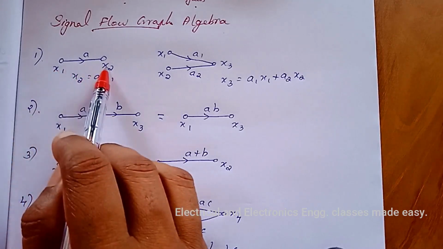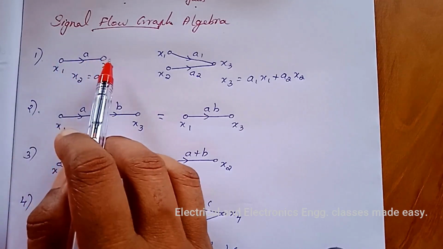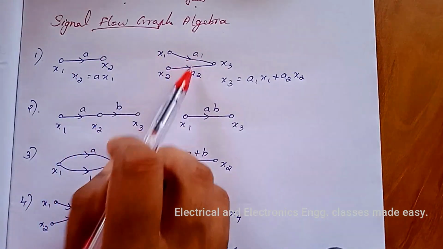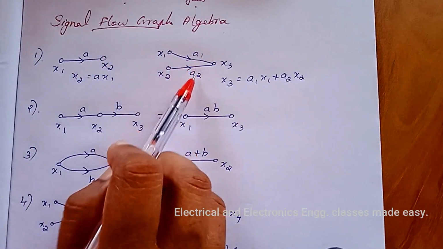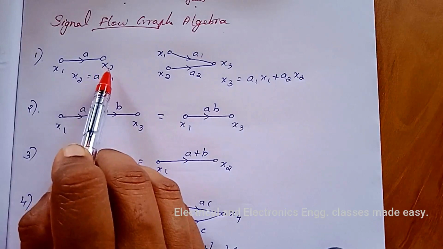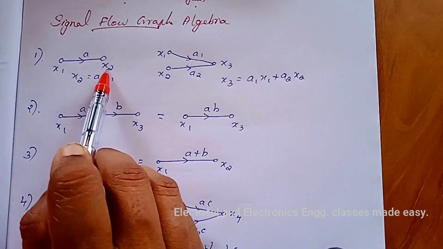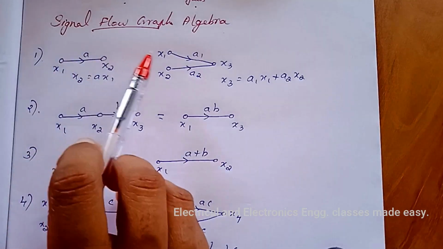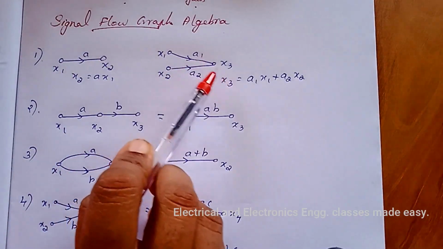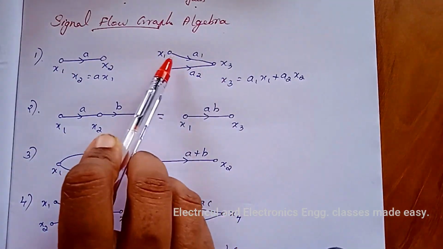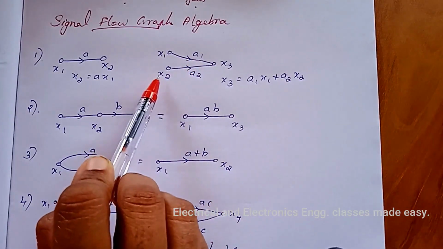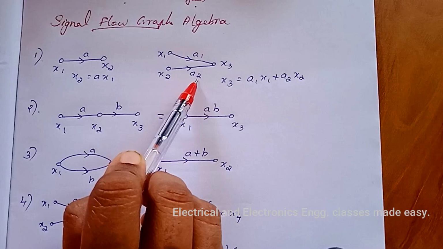So here x1, x2 are the variables and a1, a2 are the gains. So here we can write x2 is equal to a into x1. Similarly here x3 is equal to x1 into a1 plus x2 into a2.